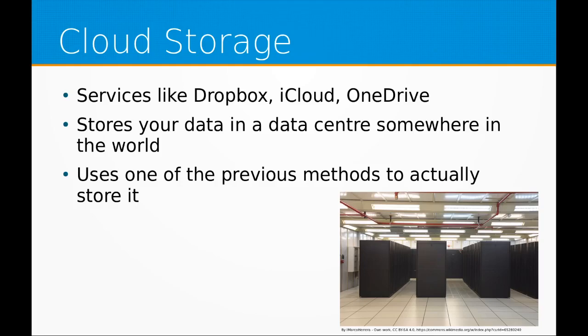Well, when you store some data on, say, Dropbox, what it's doing is transmitting it over the internet to their data center and then storing it on their computers. There's nothing magic and fancy going on. They've just got a computer, or, as you can see in this picture, rows and rows and rows of them.